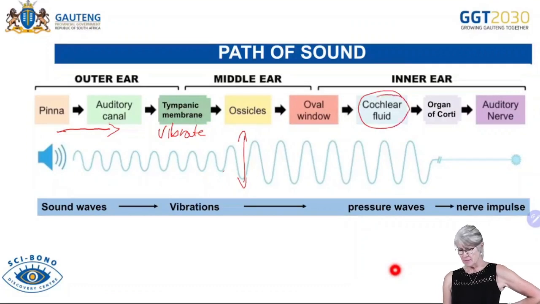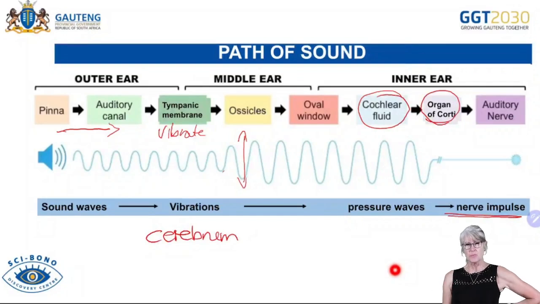There's fluid in the inner ear, and that then is going to create pressure waves or waves in the liquid, and that then causes the organ of Corti, the cells there, to be stimulated, and as soon as they are stimulated, they're going to initiate a nerve impulse, and that nerve impulse goes via the auditory nerve, and remember, it goes to the cerebrum, because that is where you're going to interpret a sound. Okay, that's where hearing is going to take place, in the cerebrum.